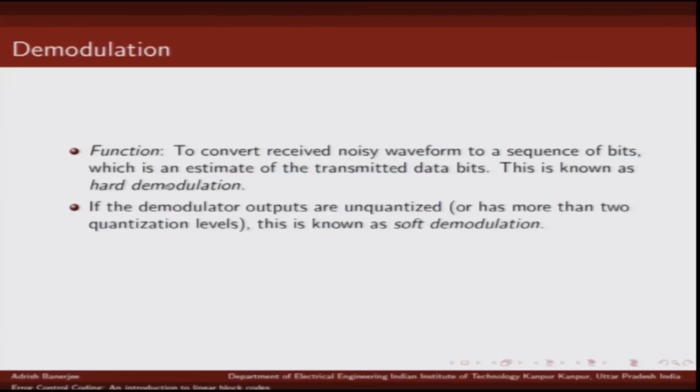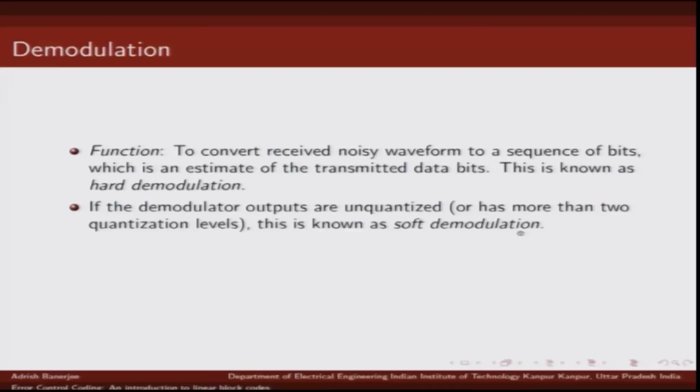If you were doing hard demodulation, with the decision threshold at 0, you would demodulate it to a 0 bit transmitted. But 0.01 could very well have been -0.01 if the noise had been a little different. So it is very close to 0, and in hard demodulation you lose that information.